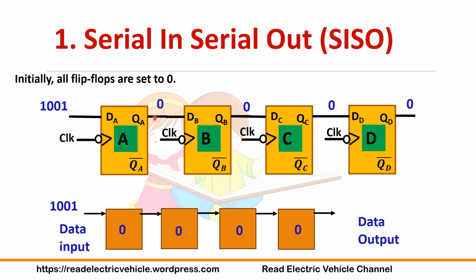We can see that initially all the flip-flops have 0 as the output, or the stored value in the flip-flops is 0. We are going to give this input and see how we get the output in a step-by-step manner for the serial in, serial out shift register.